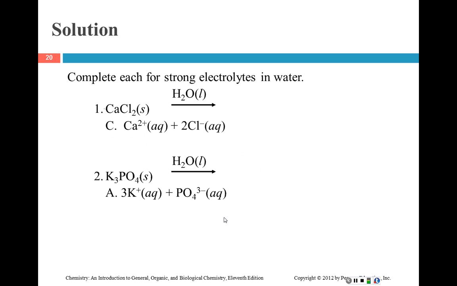Okay, so if you did your calculations correctly, you know that since there's 1 phosphate and 3 potassiums, potassium is a +1, so you got 3 K pluses, so you only have 1 PO4, so it must have a 3- charge. If you don't remember how this works, go back and review your stoichiometry, okay, because that's where we learned how to do this.